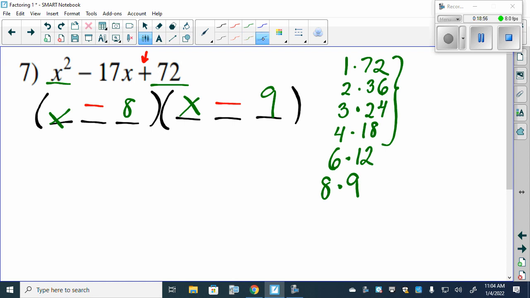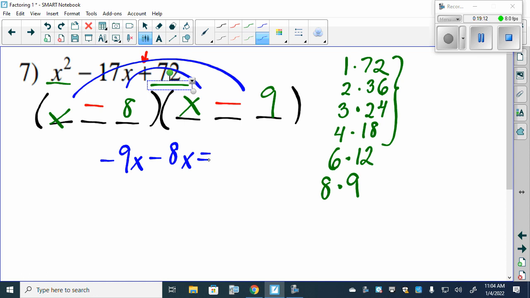And if we check this here, x times negative 9 would be negative 9x. Negative 8 times x is negative 8x. And negative 9x minus 8x is negative 17x.